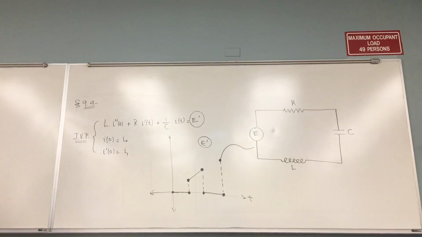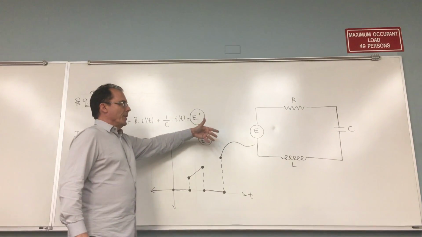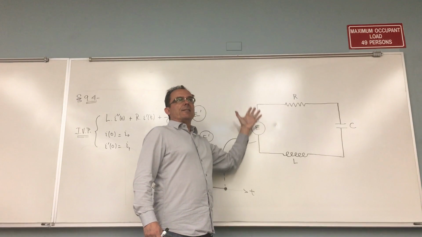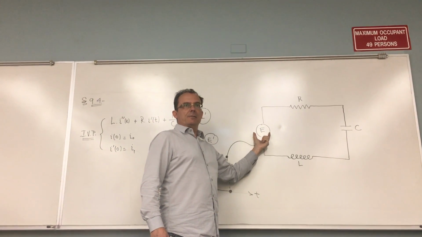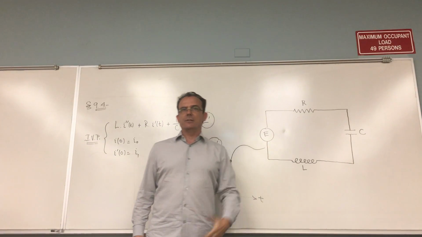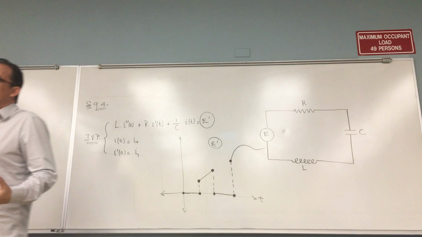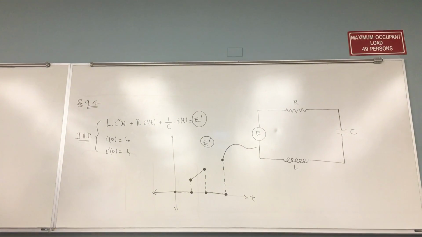So the point is that, and of course, think of this as an electrical circuit that feeds a whole city, right? This would be the generator, the power plant that generates the current. Those power plants create electricity at different levels, right?